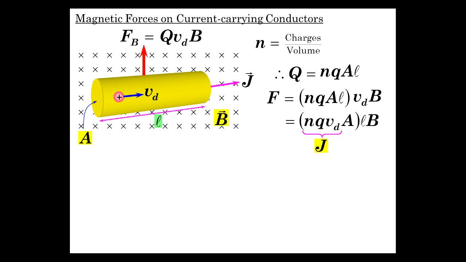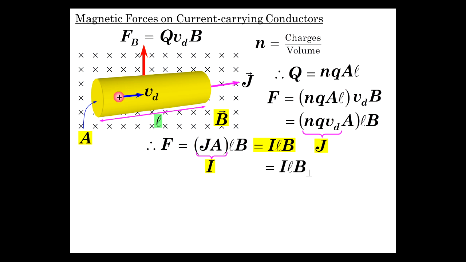Because number of charges per volume times charge times drift velocity turns out to be the current density. Current density times area is current. So F is equal to JA, which is current, LB, which is ILB.